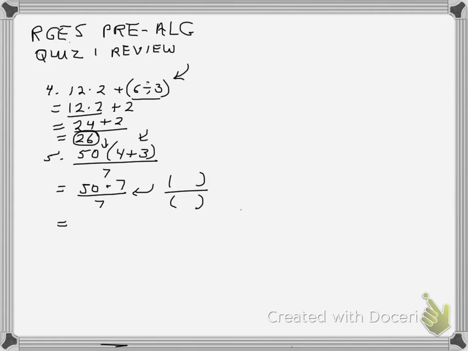So technically what we would do here is 50 times 7 is 350, divided by 7, and then we would do the division, which would be 50. Now, another way we could do it at this point would be to cancel out our 7s, and that leaves me with 50. Either way is acceptable at that stage.